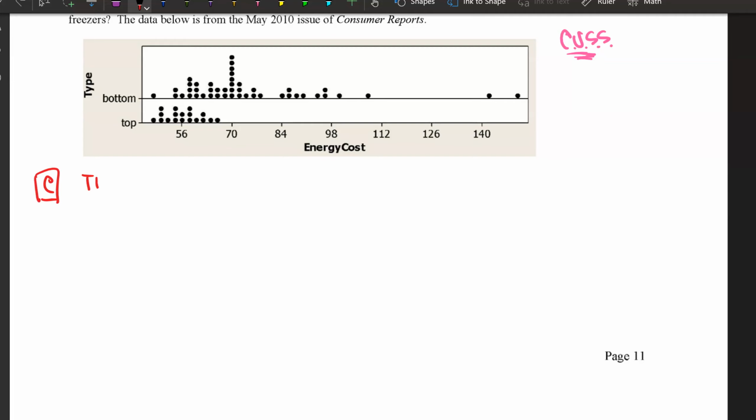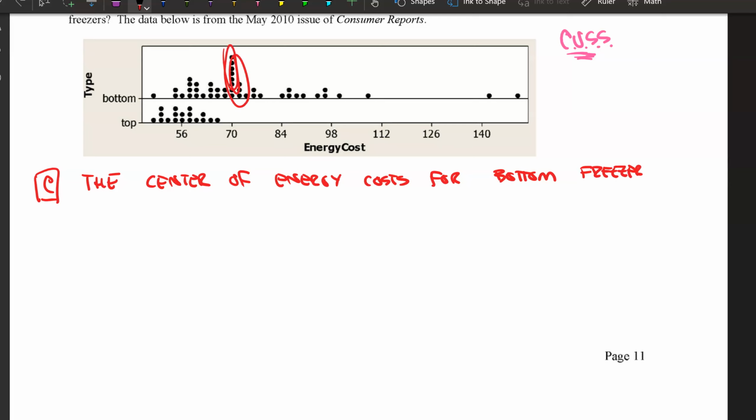Centers. The center of energy costs for bottom freezers, that's going to be centered right around here somewhere, right? Is definitely greater than the center of energy costs for top.